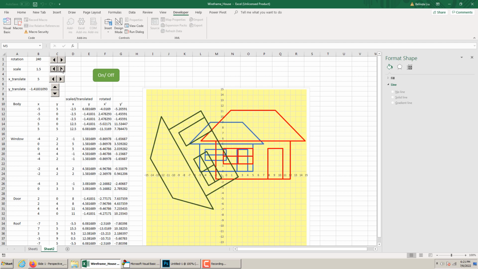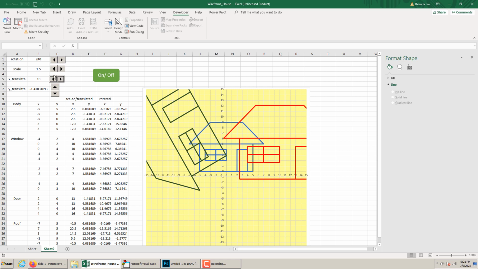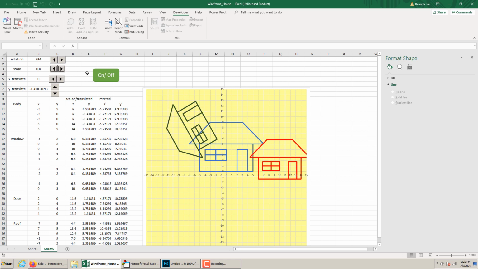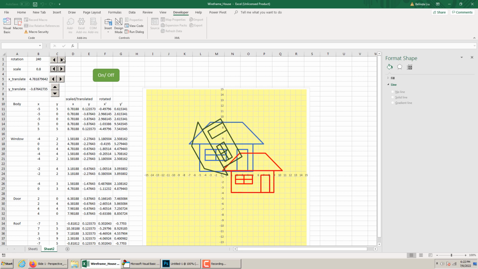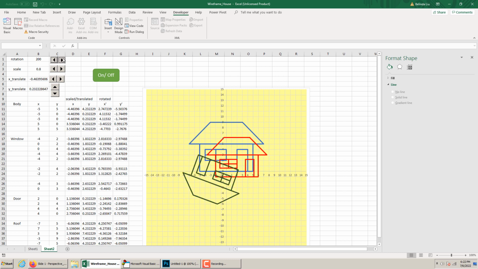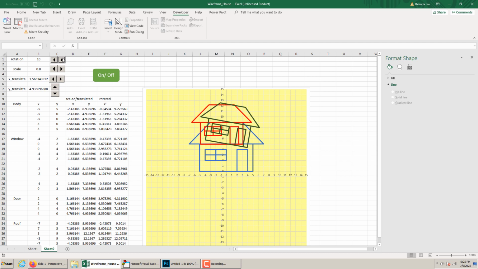So let's play a little bit more with this. See, while I'm running the macro, I rotate the house.